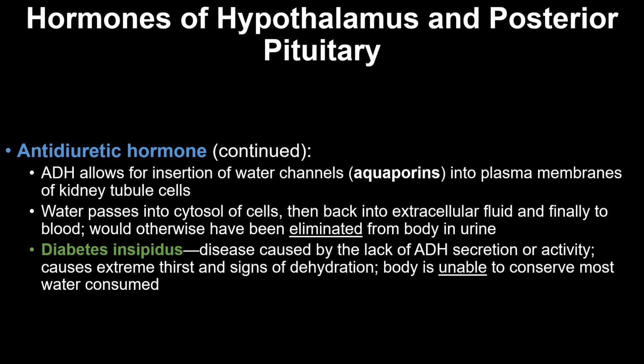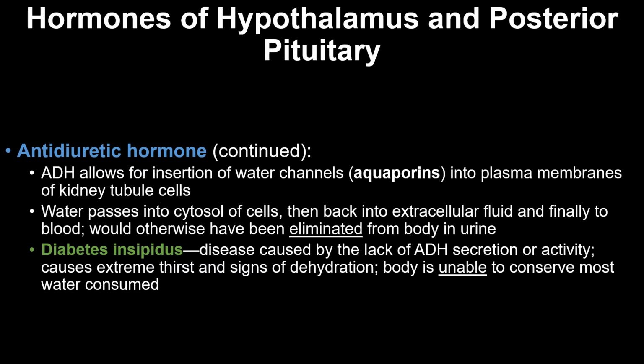These osmoreceptors respond to increased solute concentration by stimulating ADH release from that posterior pituitary gland. This will lead to water retention, decreasing the solute concentration of the blood. Keep in mind that an increased amount of water dilutes the blood, which causes the relative concentration of solutes to decrease. Conversely, these same receptors respond to low solute concentration by inhibiting that ADH release, which leads to water loss and an increased solute concentration in the blood.